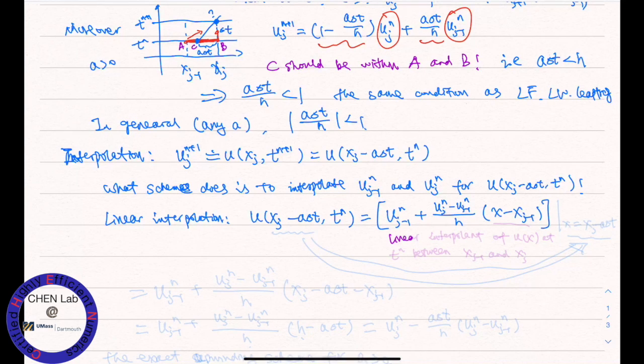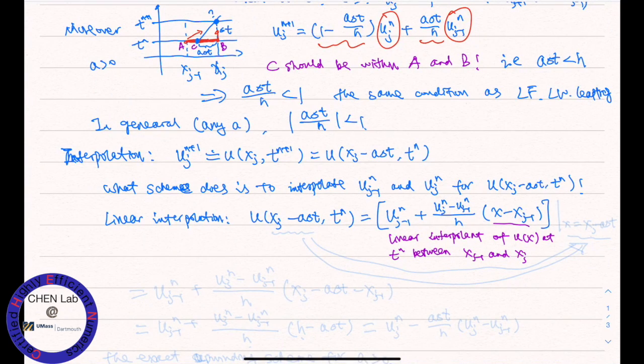This is a linear interpolant of U(x) at tn between x_(j-1) and xj. When x equals x_(j-1), the second term is 0, so you get U_(j-1)^n. When x is xj, the h cancels the h, and you get U_j^n. So it exactly interpolates at these 2 points.